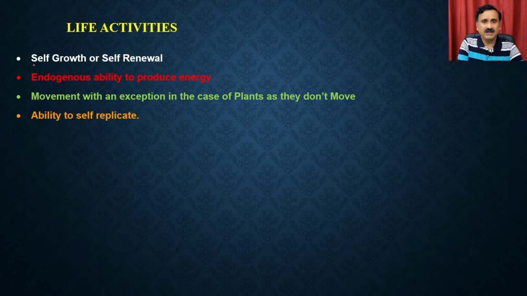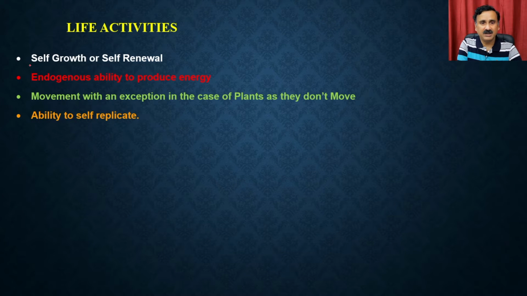And I think if you recall, we have also discussed the different types of activities that happen when you are running the life cycle of an organism. So if you see the life activities, an organism is considered to be alive if it performs these four functions.